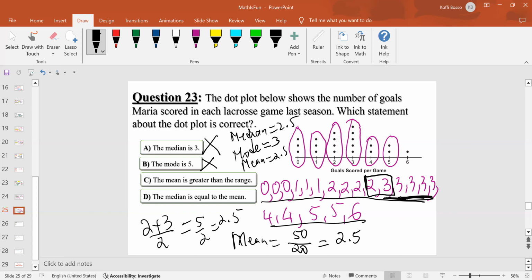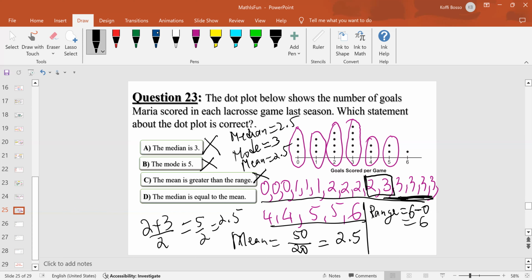So the mean is 2.5, and they say the mean is greater than the range. So what is the range? The range is to take the highest number, which is 6, minus the lowest, 0, and that gives you 6. So the range is 6, and they say the mean is greater than the range, this is also false.